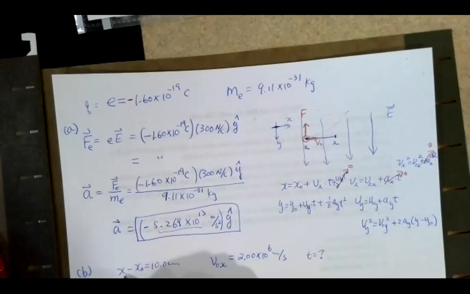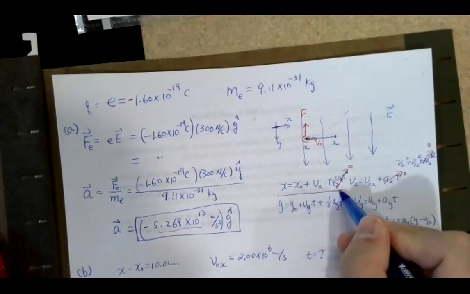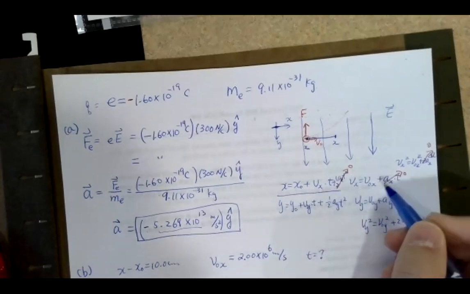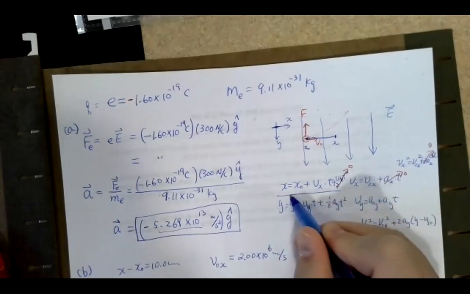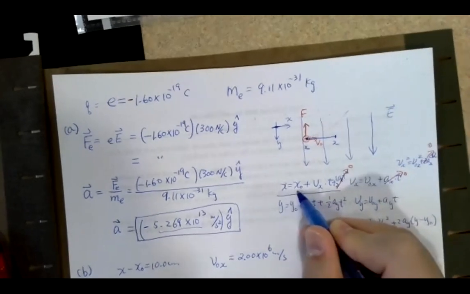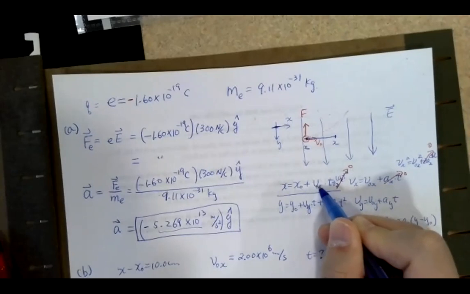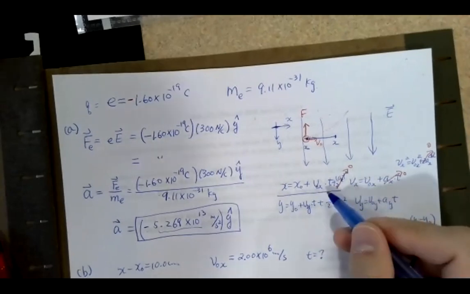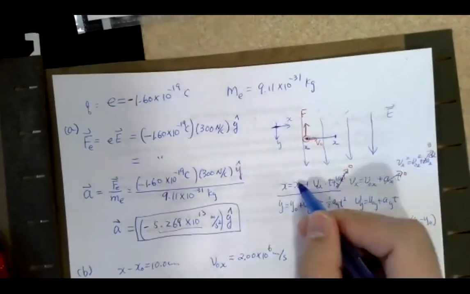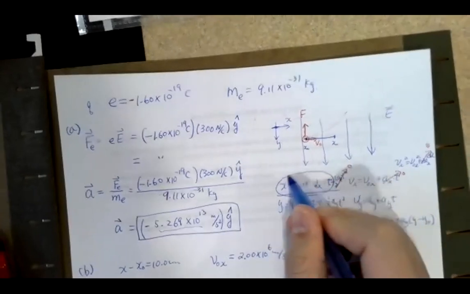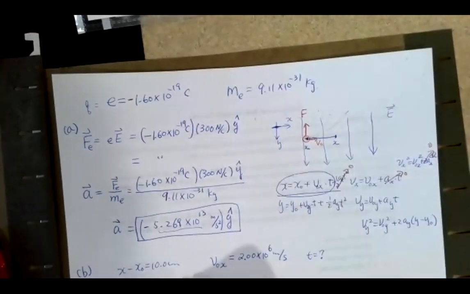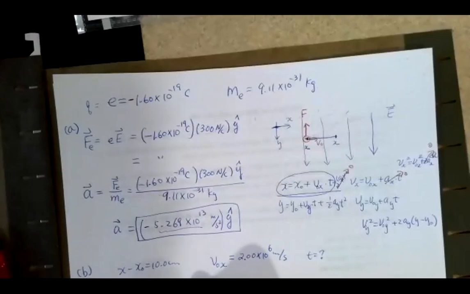You have the change in position in the x direction, so you'll be looking at this equation. You have x and x naught there, and you're looking for t. This should be v0x, the initial x direction velocity, times t. So this is the equation you use to solve for t: x equal to x naught plus v0x times t.